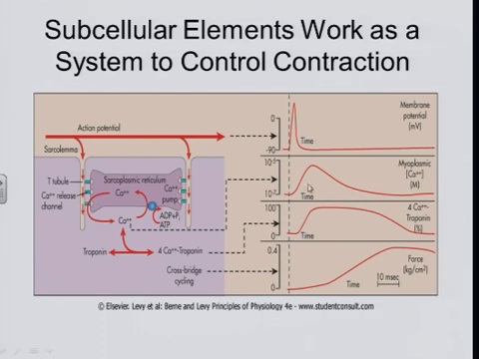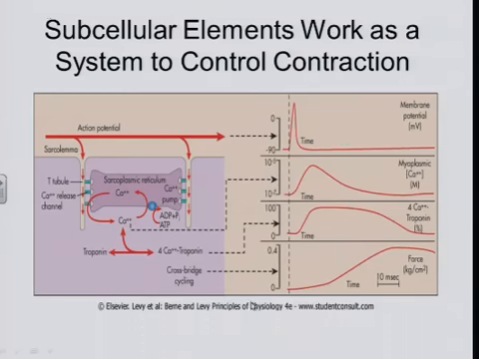This calcium takes time, so you see these delays here, to diffuse, bind to the troponin, which then takes additional time to actually move that mechanical network into force. So we go from electrical activation via the action potential to chemical activation of calcium. And from that chemical activation, we go to the myofibrils and generate force.